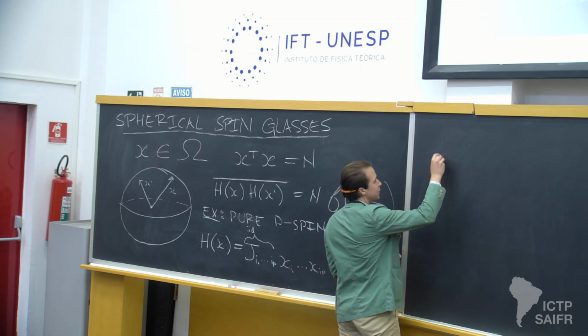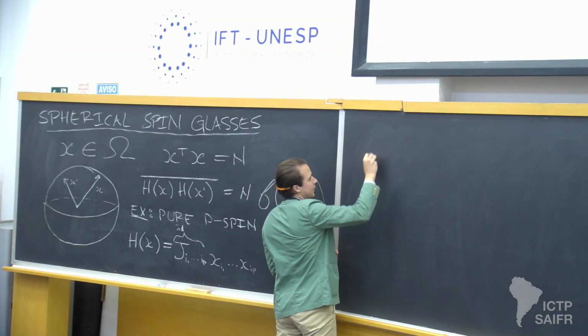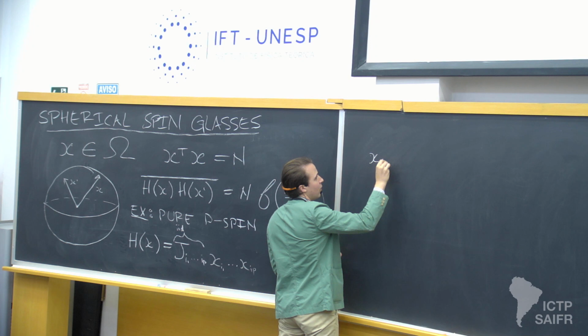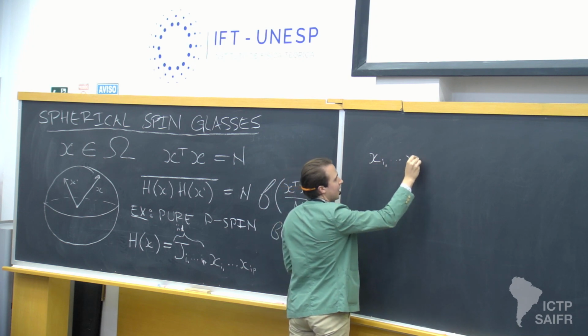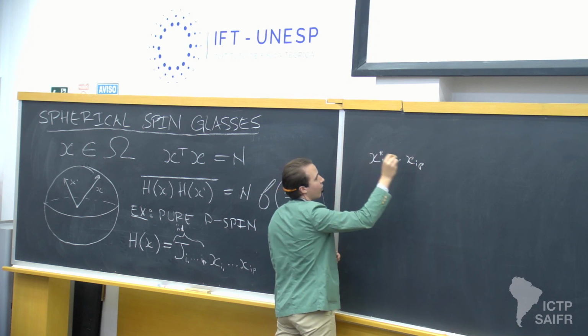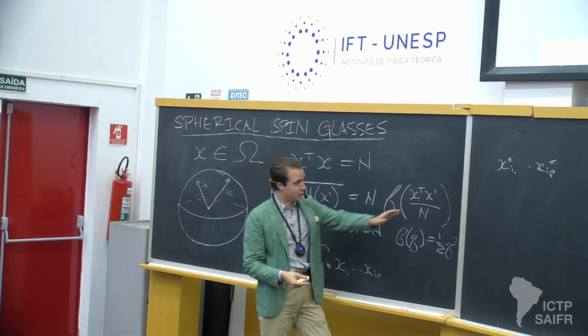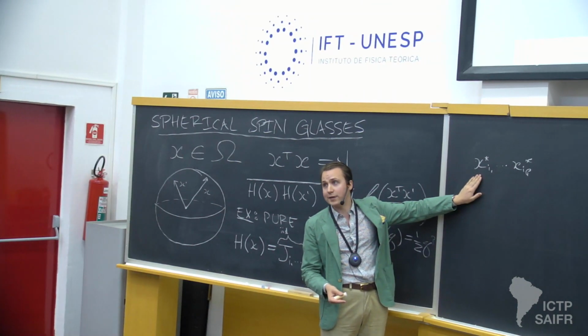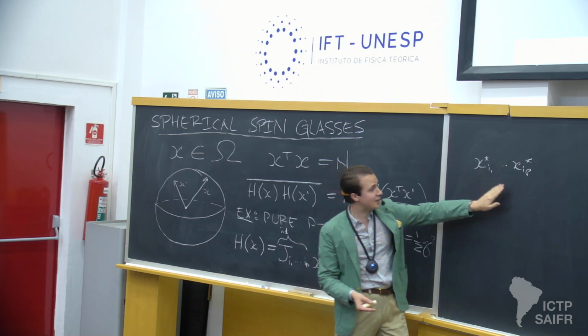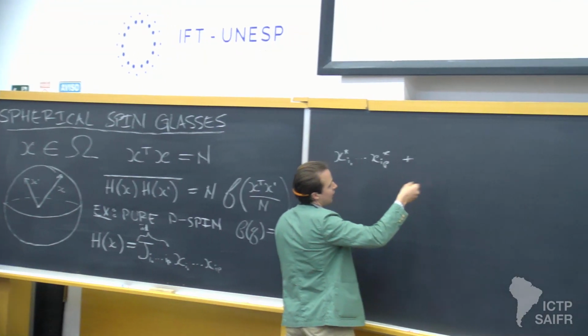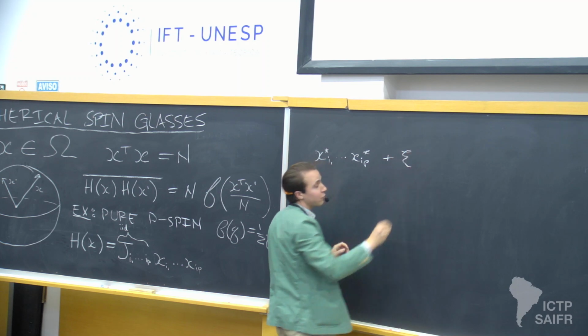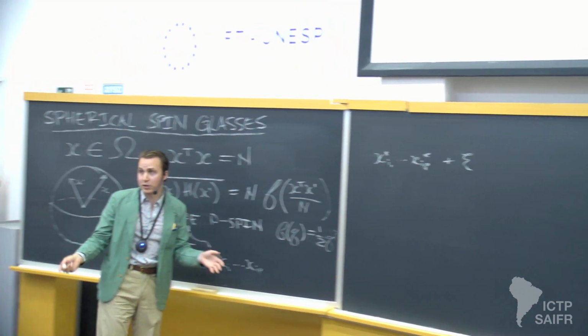So you have some tensor, xi1 through xip, from some, let's say, x star, some special vector on the sphere. And you want to find out what x star is. The information is this tensor, but it's also been corrupted by some random noise that's normally distributed.